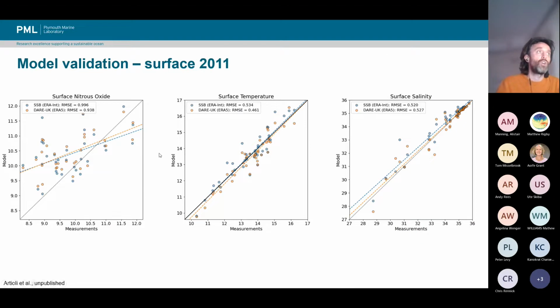If we expand and go beyond simple nitrous oxide, and for instance look at surface temperature and surface salinity, you can see that for surface temperature, the ERA5 driven simulation is slightly better. If you look at salinity, it's probably the other way around. So all in all, there is no clear winner, and it is hard to pick one in terms of which simulation better represents the state of the marine environment.